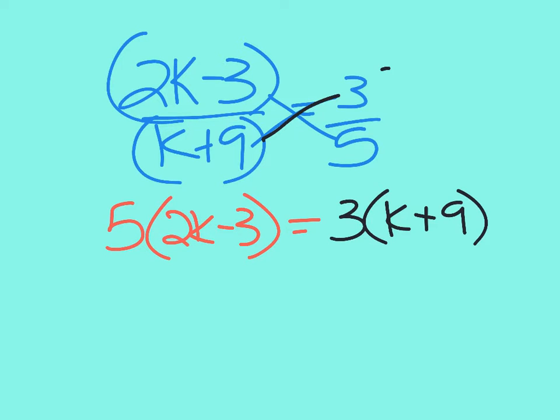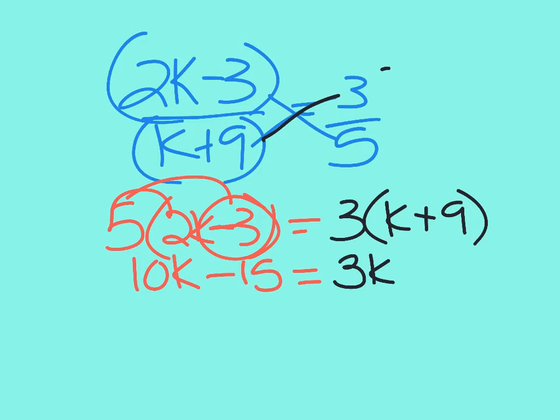Now we're going to distribute. 5 times 2k is 10k. And 5 times -3; a lot of you are forgetting to take the sign in front of a number. You get going a little fast and you forget your signs. So that's minus 15 equals 3 times k is 3k, and 3 times positive 9 is positive 27.